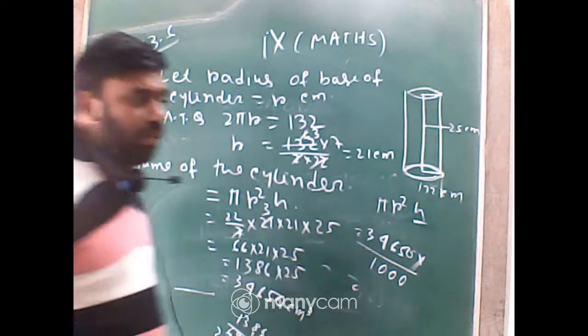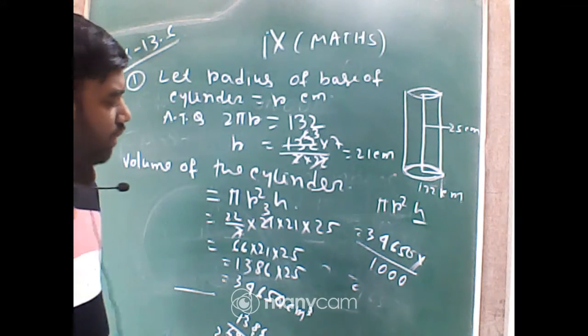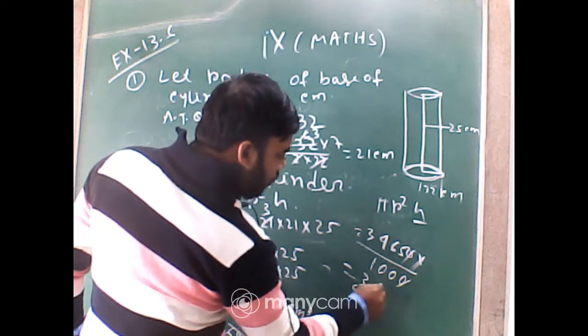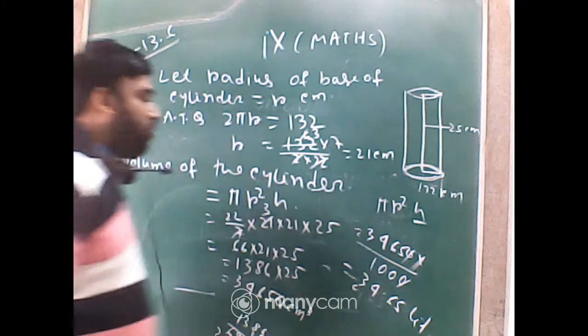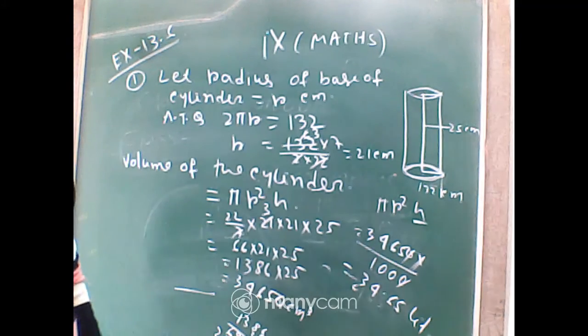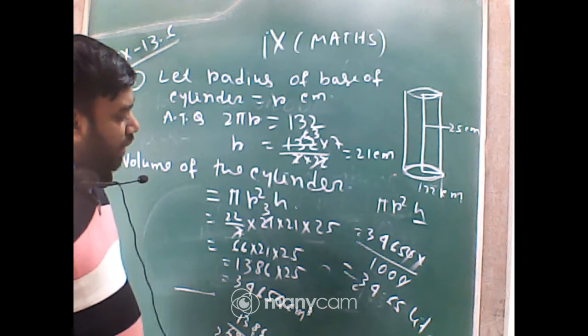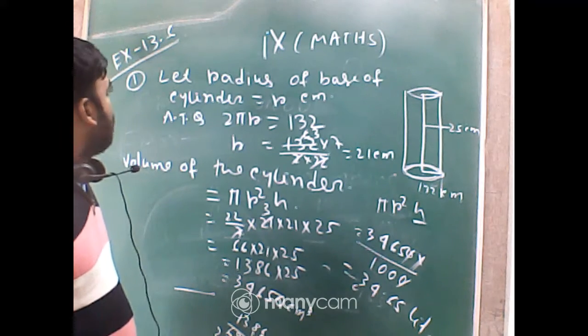Any problem? Yes, divided by 1000, so two zeros removed. So 34.65 liter. 34.65 liter is the capacity of the cylinder.